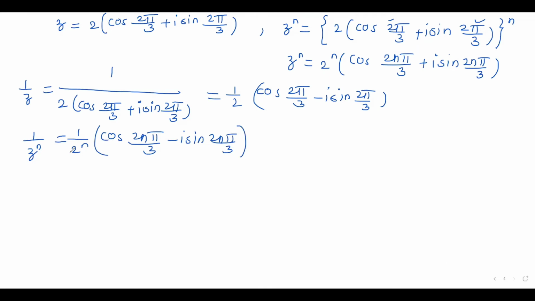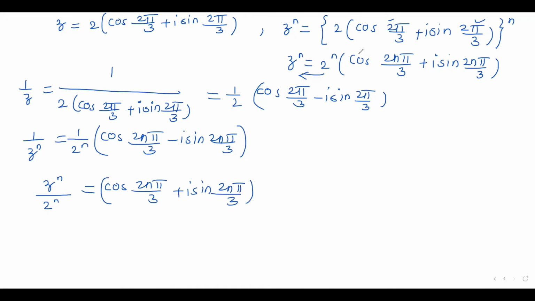Now what I will do, I will simplify this term. I will shift this on the left hand side. So this will become z raised to n divided by 2 raised to n is equal to cos of 2n pi by 3 plus i into sine of 2n pi by 3, right?